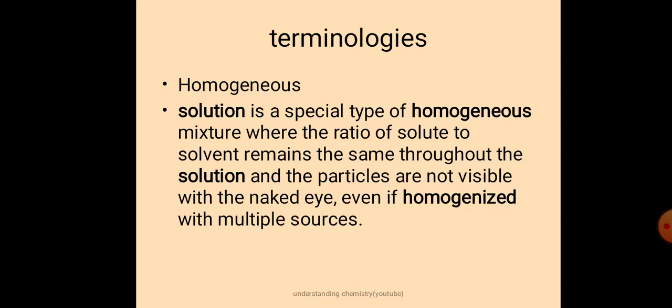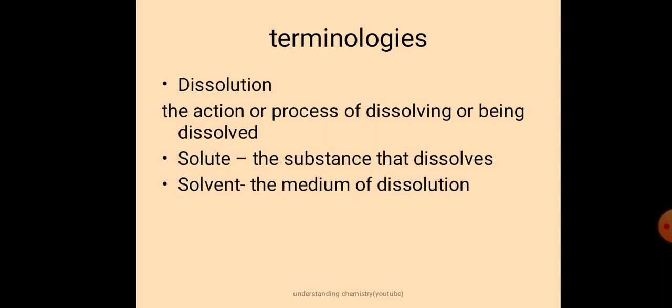You stir and mix it, and you are not able to see the particles. That is called a salt solution. If you add sugar, it is called a sugar solution. So, a solution is a homogeneous mixture in which the ratio of solute to solvent remains uniform throughout the mixture. Then we call it a homogeneous mixture.